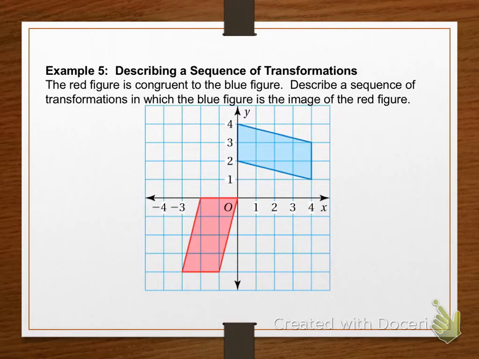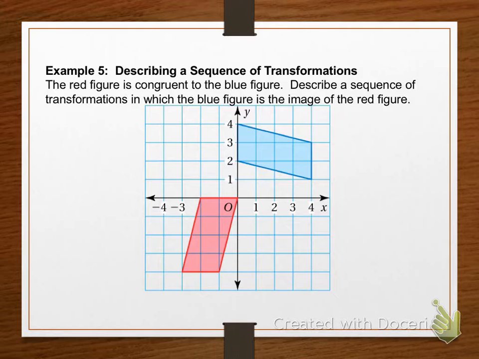So let's look here at example 5, describing a sequence of transformations. This red figure is congruent to the blue figure. Describe a sequence of transformations in which the blue figure is the image of the red figure. So we're starting off with the red figure.